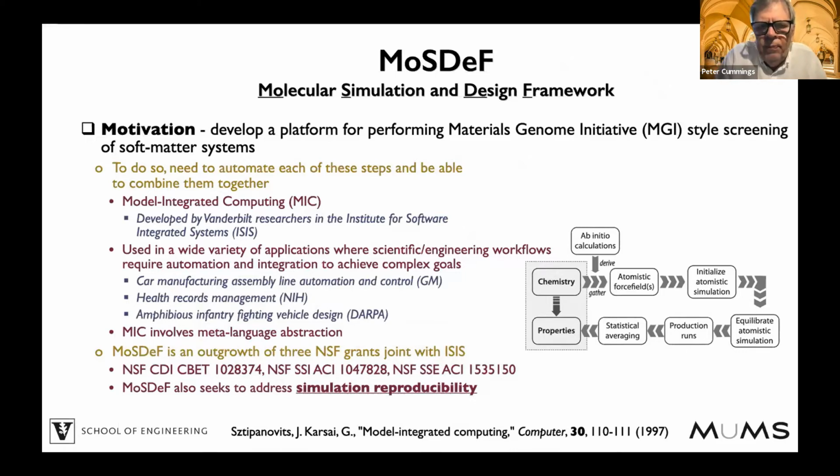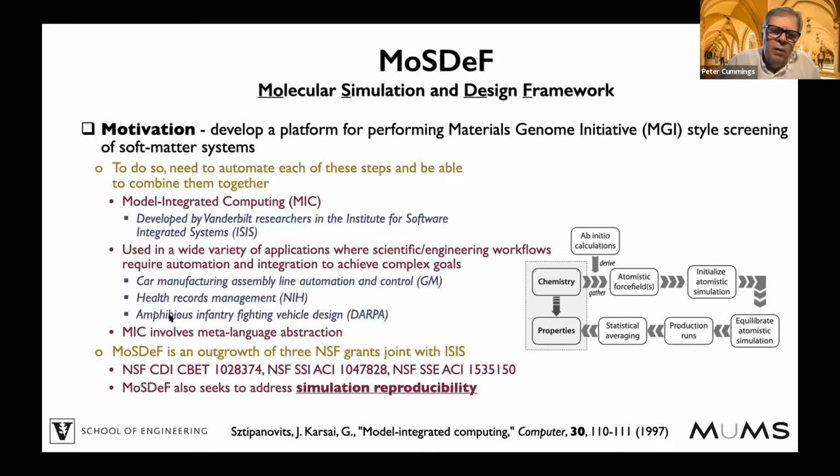This is a technique of software engineering that was developed by researchers here at Vanderbilt in the Institute for Software Integrated Systems. And it's used in a wide variety of applications. I've given some of them here: assembly line automation, health records management, and so on.